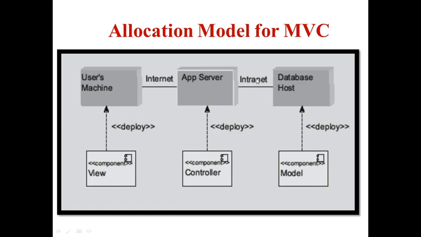That is why it is called an intranet. Then the database has to be chosen and it has to develop a model. So all these things are deployment models. So this is called the allocation model for MVC. MVC is nothing but model view controller. Clear?